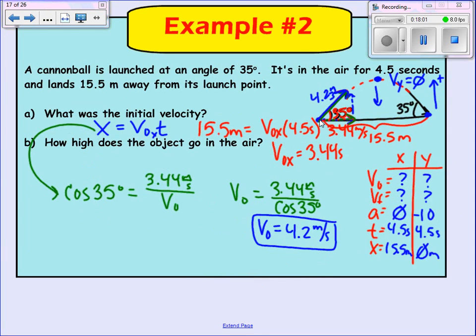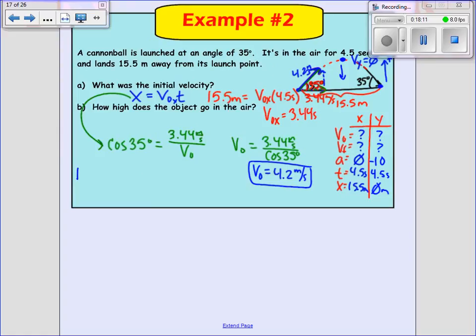So in order to answer letter B, how high does the object go, we're going to solve for it in such a way where we know that the final velocity in the y is 0. This is B down here. I know that the initial velocity in the y direction is something I can solve for. It's going to be this part right here.